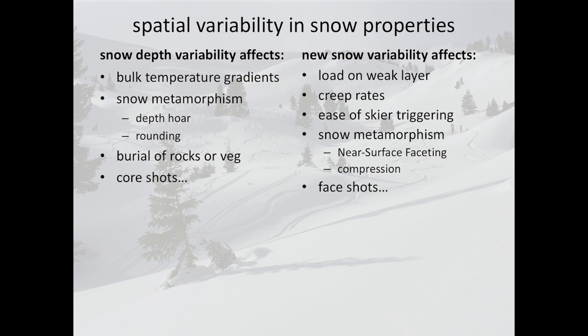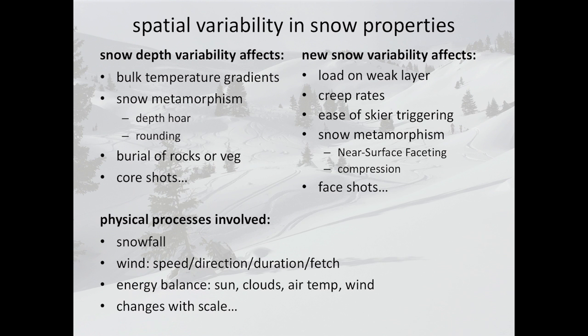This can be highly variable across a single slope, as some of the images have showed you already. It can affect creep rates and therefore natural avalanches, the ease of skier triggering, how deep your turns are, whether you can access the weak layer or not with your skis or your board or your snow machine, and therefore snow metamorphism in the near layers as well, and critically, face shots.